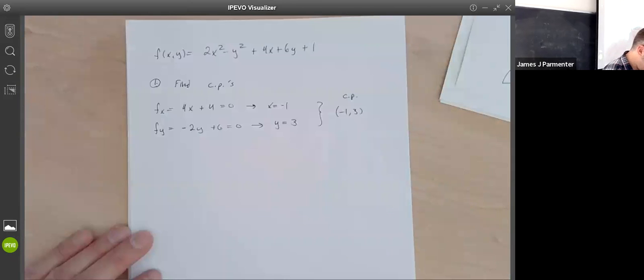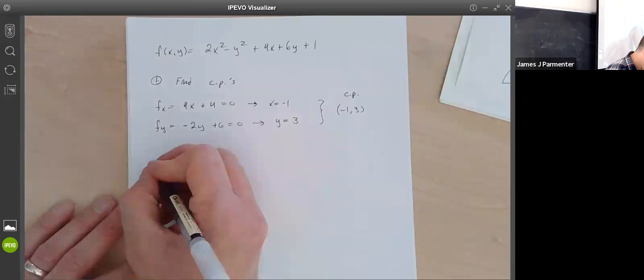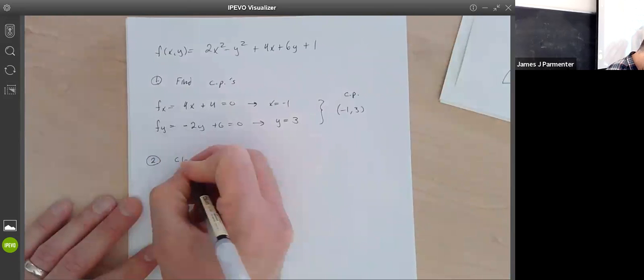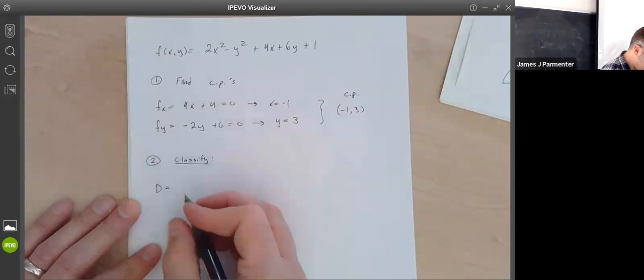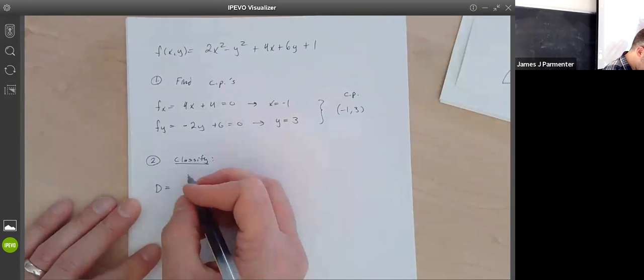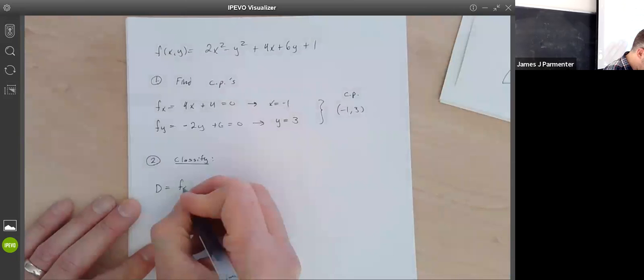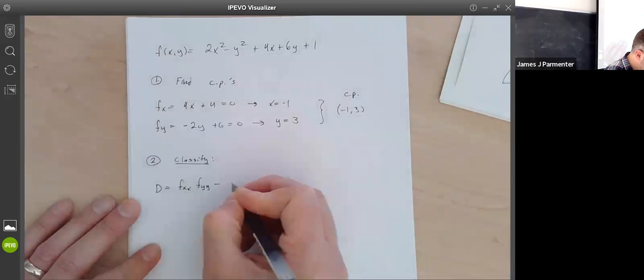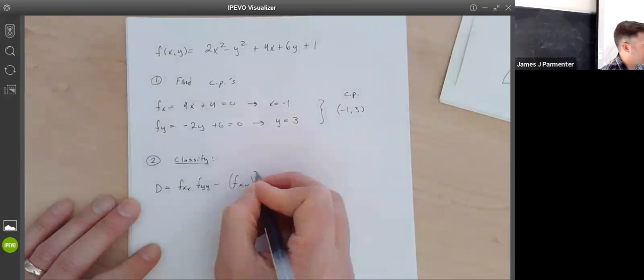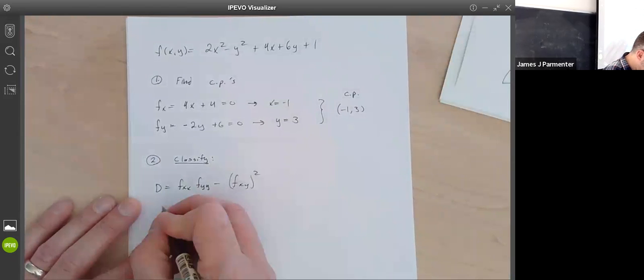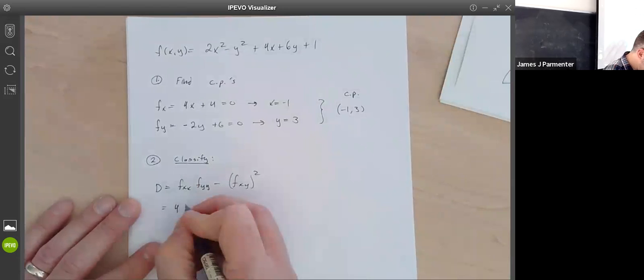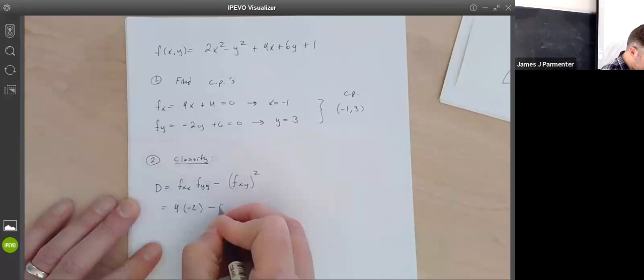And then to classify, again, we have to find this thing D. So D is going to equal, let's see, fxx. I do like to write it out every time, or at least when I'm first doing it, so I don't make any mistakes. So fxx is going to be 4. Fyy is -2, and once again, fxy is 0.